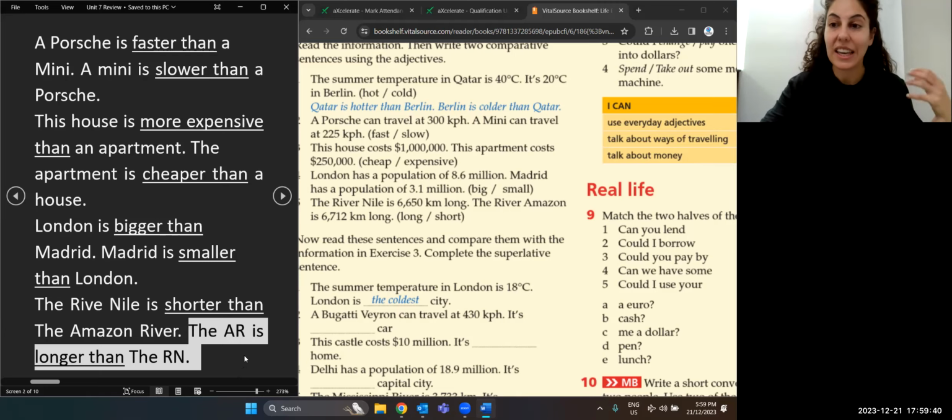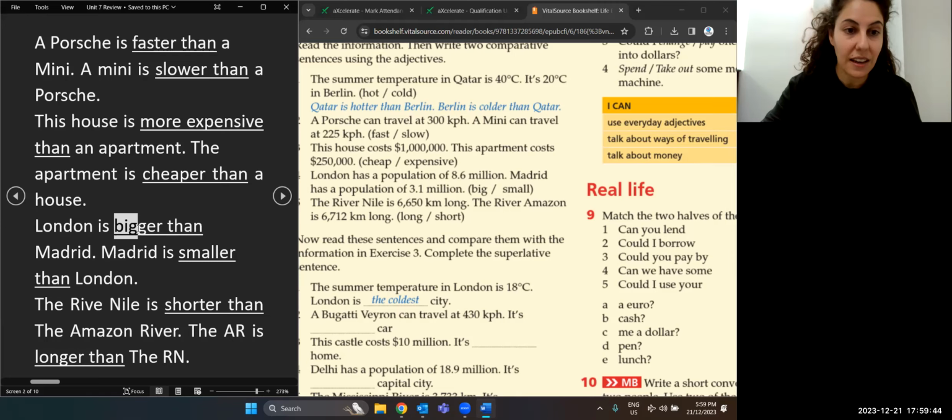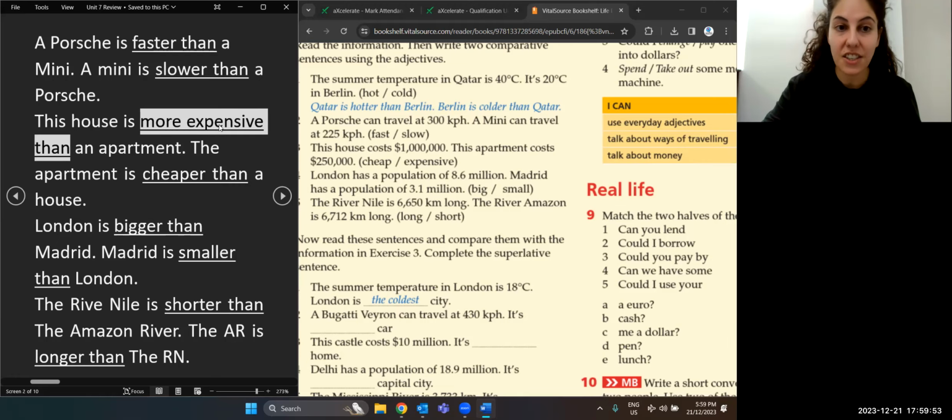Yeah, good. So ER, because we're comparing, we just add the ER, but we also add than, don't forget. But this was a long adjective. So you remember with the long adjectives, we need to add more. And then you just keep the adjective the same. You don't touch the adjective. It's more expensive than, more beautiful than, more amazing than, more exquisite than, more alluring than.